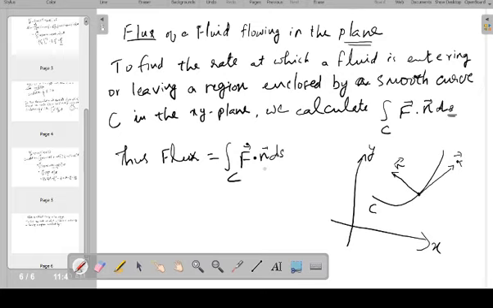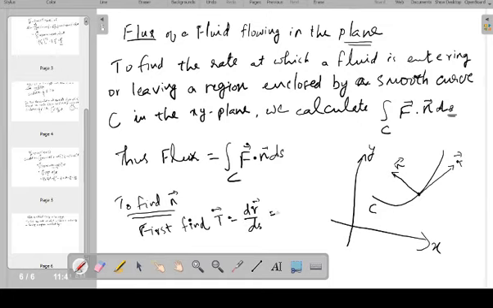You know how to find t. To find n, what we do is the following. First find t. T is dr by ds.